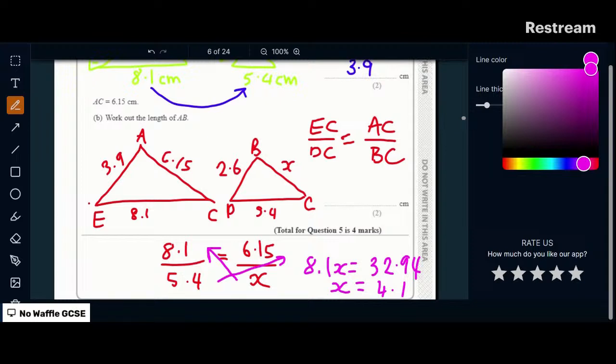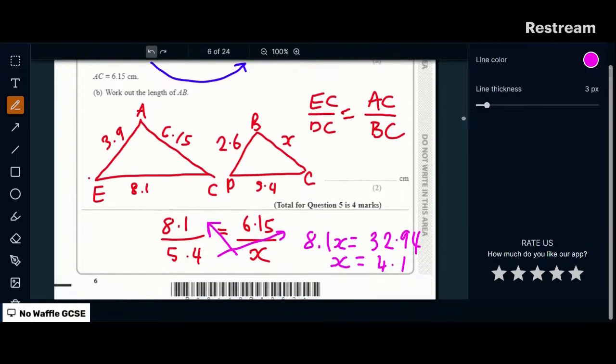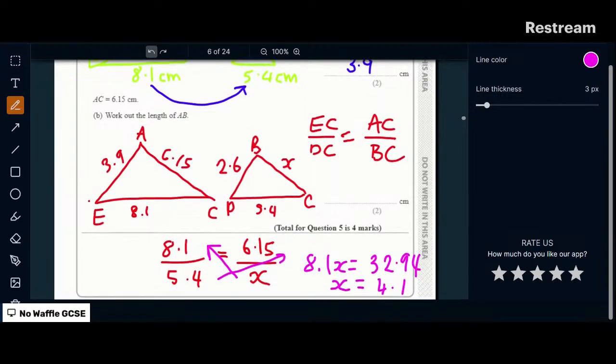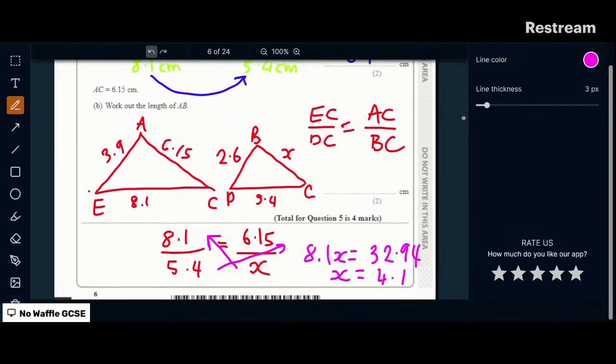Okay, but then we don't want to make the mistake of just putting 4.1, because that's the length of a part of it, as in the difference. So you then want to do 6.15 subtract 4.1, and you then get 2.05.